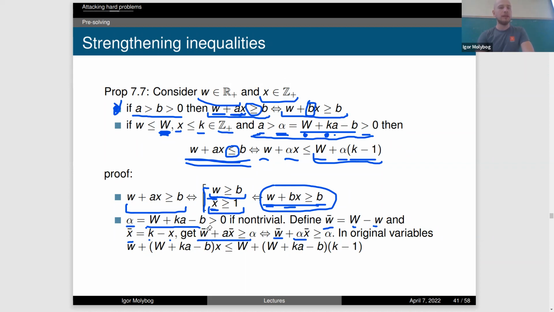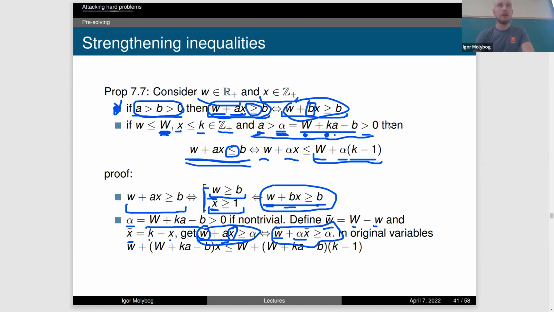So this thing is a... this condition... equality to this one.